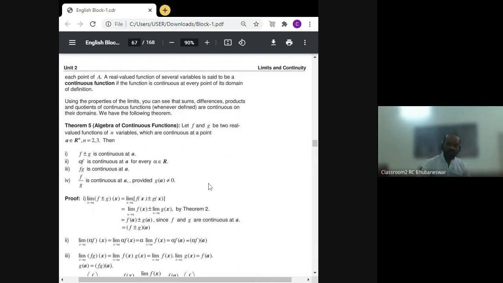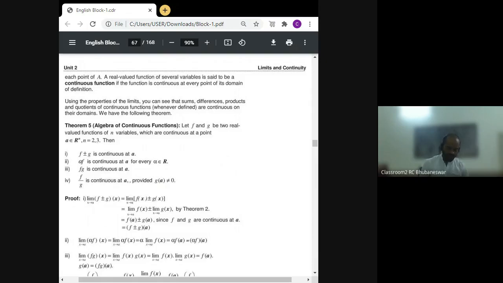So these are the simple basic rules in the algebra of continuity of a function at a particular point, in a particular interval, or in its domain. Now let us move towards the repeated limits of the function at a certain point.